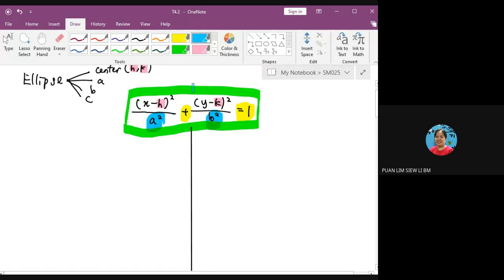Because yesterday I said for circle, you'll notice that the value of x squared and the value of y squared, they are the same for circle. So their coefficients of x squared and y squared are the same. So when their coefficients are the same, it means vertically and horizontally they have the same factor. So when they have the same factor, it means they have the same length.